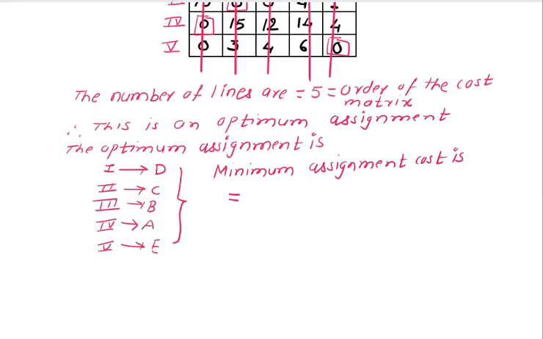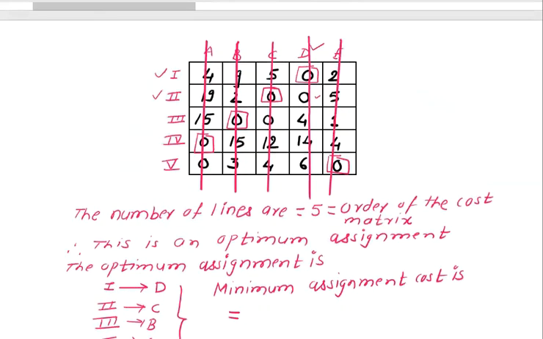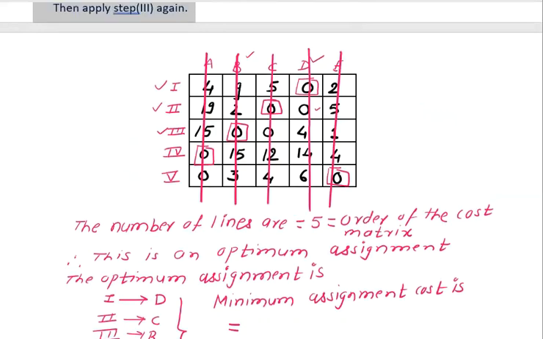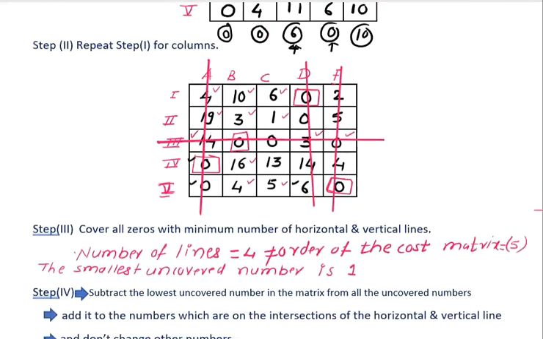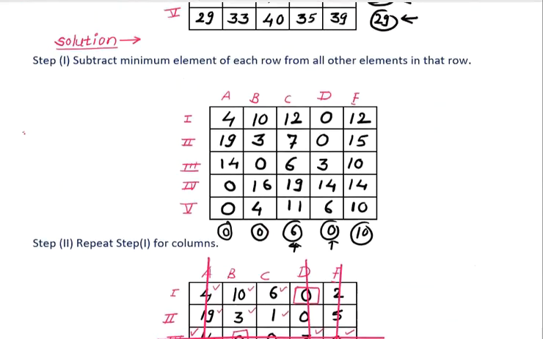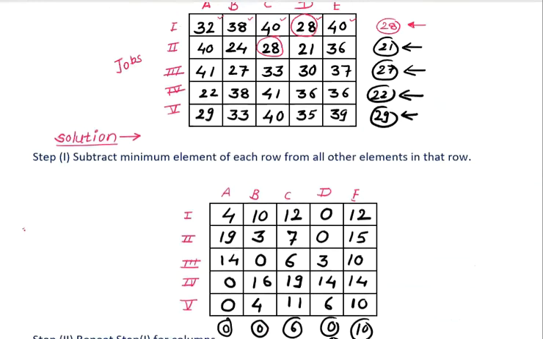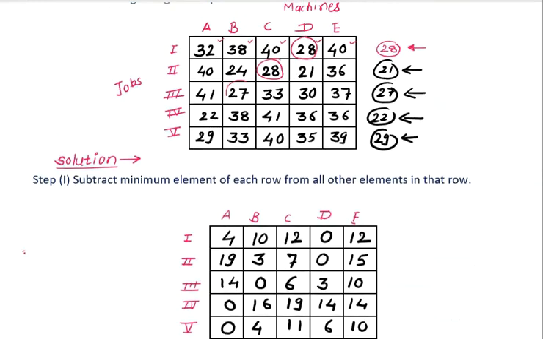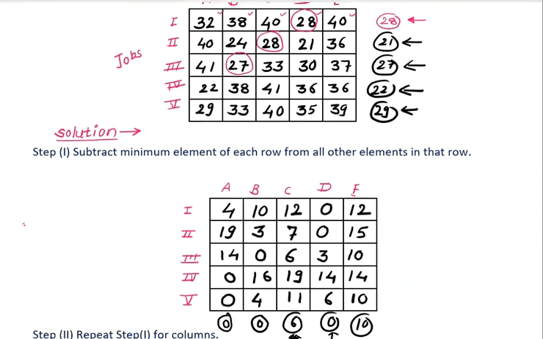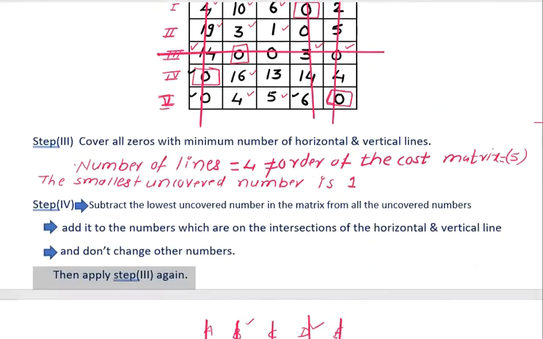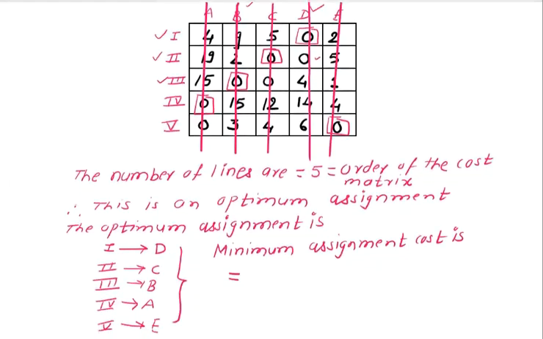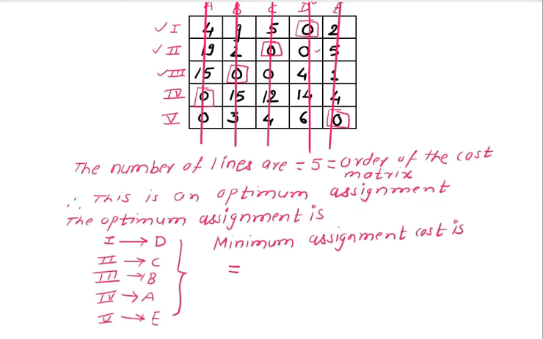Then the third job is assigned to machine B. So the cost of performing the third job on machine B is C32. C32 is 27, third row, second column. Then the next job. The fourth job is assigned to machine A and the cost is C41.